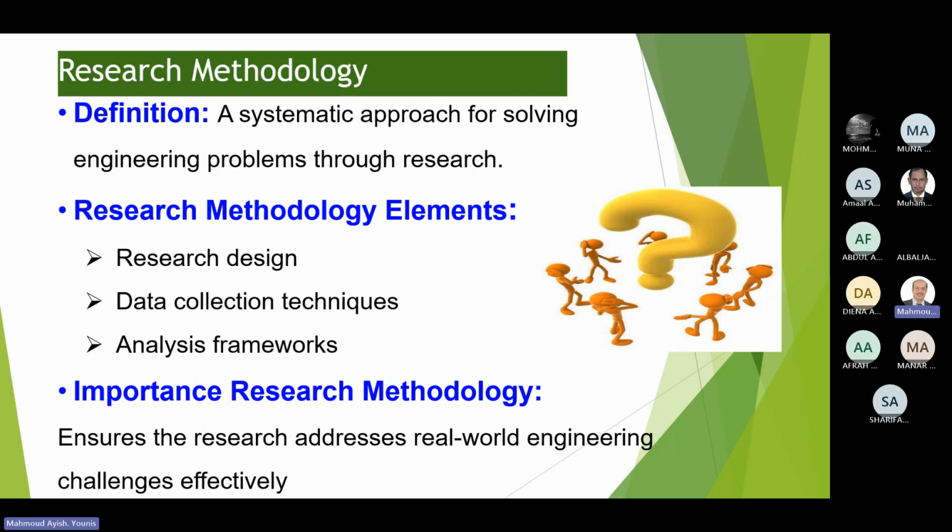The research methodology elements are research design, data collection technique, and analysis framework. These are the elements of the methodology. I want to use the word approach; it may help you catch the term in a better way. So our approach will be in research design, data collection, and analysis framework.